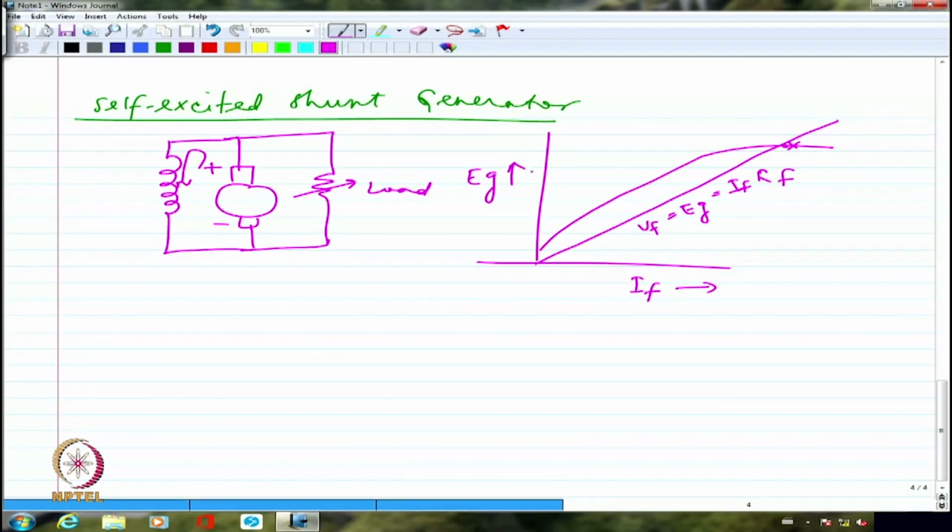So this happens until it reaches an operating point corresponding to Eg1, which will be the point where the field voltage and the armature voltage balance each other. They are connected in parallel, so they are going to balance each other, right? At a given speed, whatever is the speed at which I am driving the generator. We'll continue with the self-excitation process in the next class.